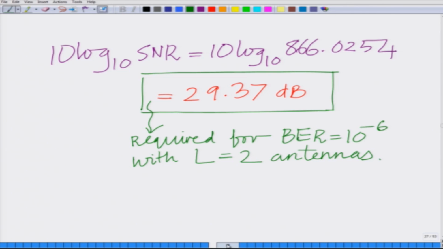Now, if you notice, you will see something very interesting. Let us go back and look at the SNR required to achieve the bit error rate 10 power minus 6.